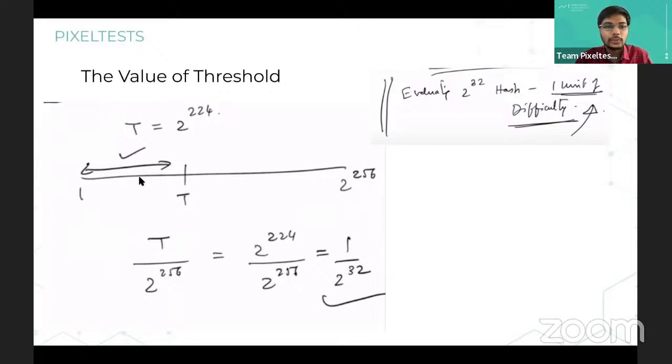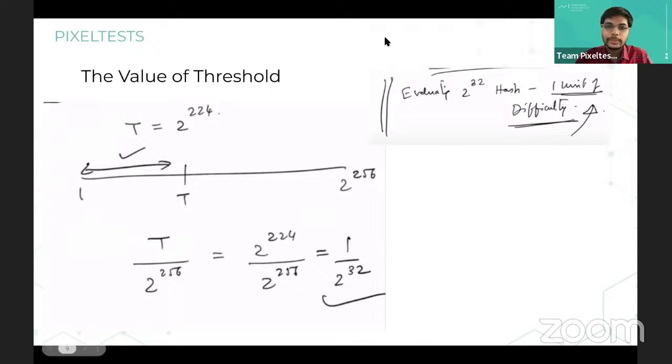Any value from 1 till the threshold is going to be considered. So if the hash falls between these for any nonce, any random attempt, he is going to be considered a winner.